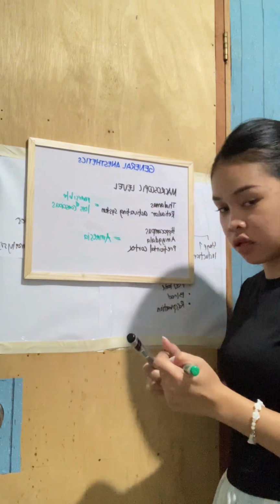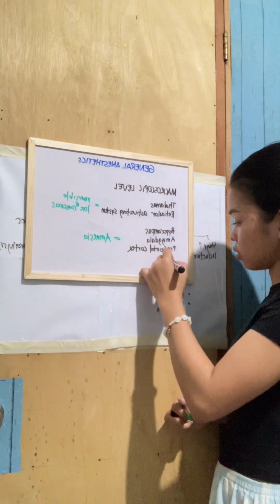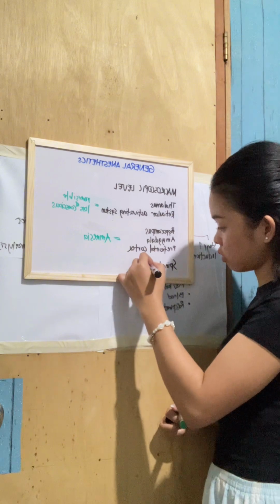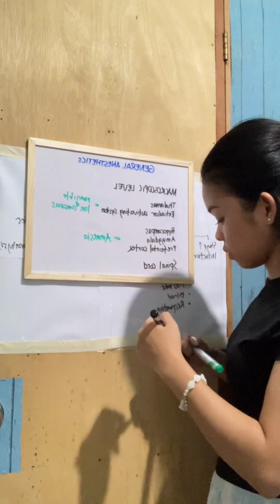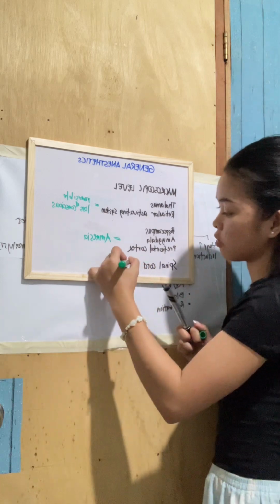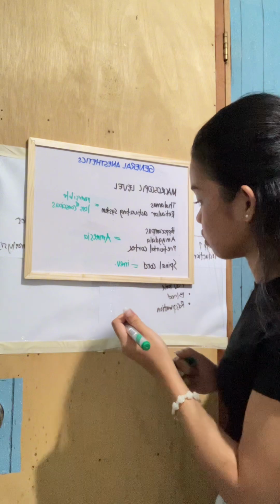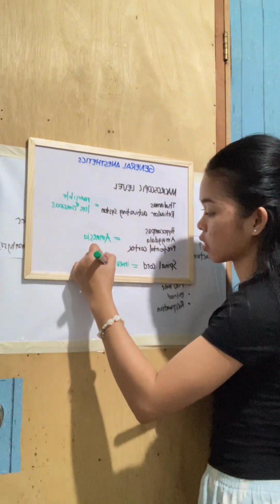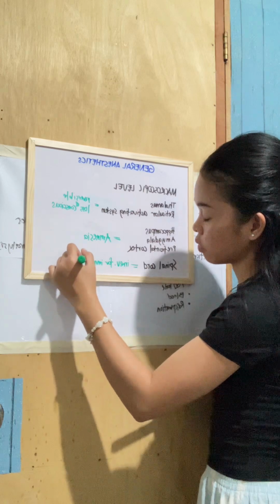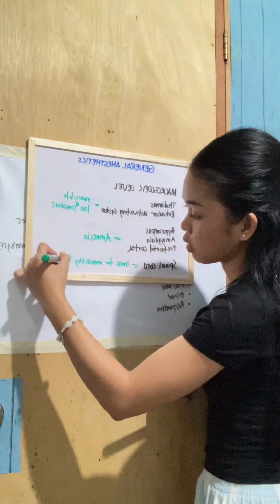And then lastly, the action on the spinal cord is irreversible for immobility and analgesia.